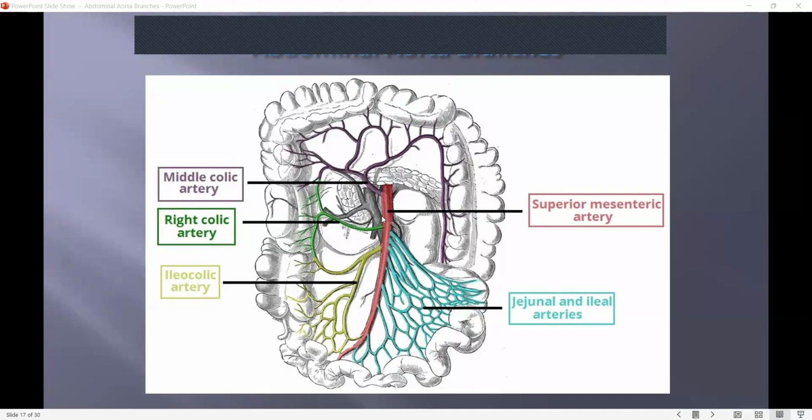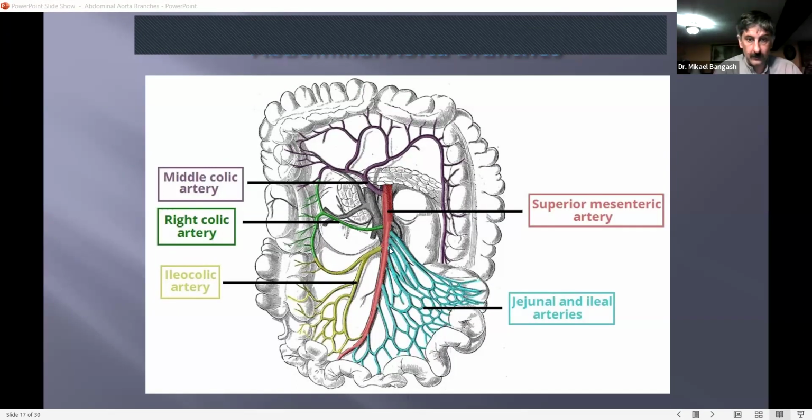Yes. So this is your superior mesenteric artery. All this here is going to be your ileum and jejunum, with the vasa recta. We had the ileocolic artery.